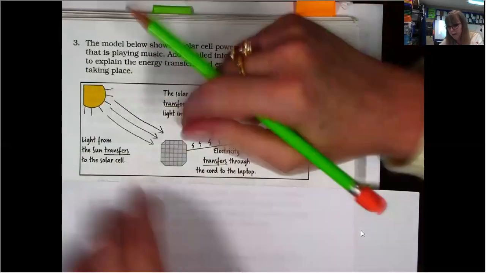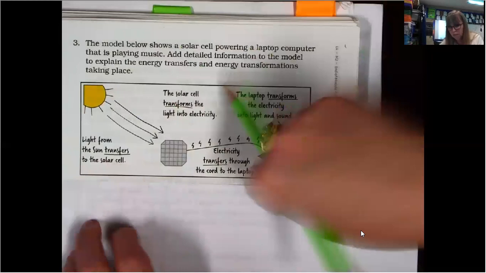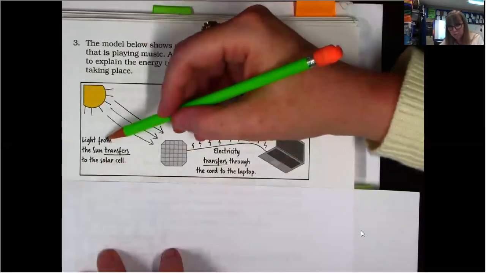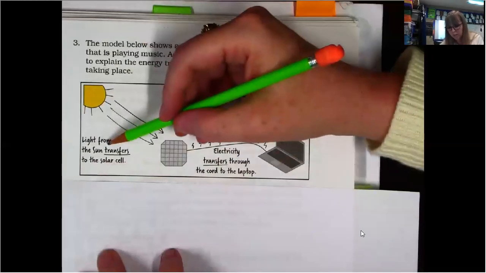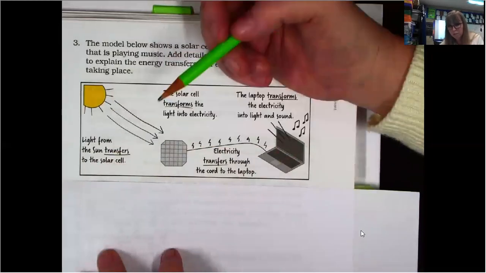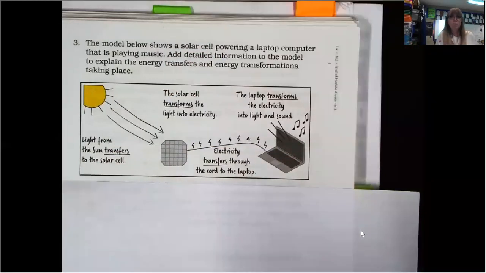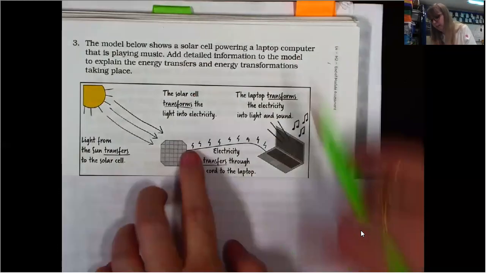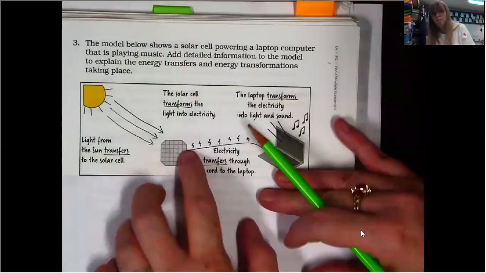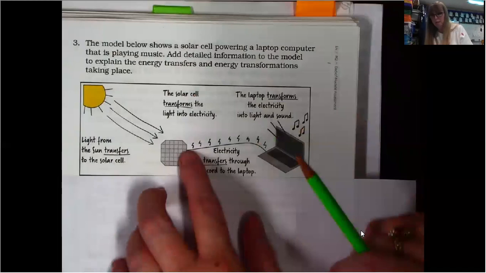And I have to have these words. Light from the sun transfers to the solar cell. The solar cell transforms light into electricity. Electricity transfers through the cord to the laptop. And if you want to get more specific, electricity transfers through the cord from the solar cell to the laptop.